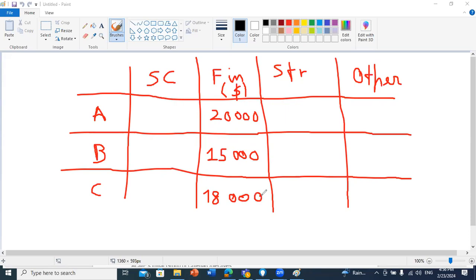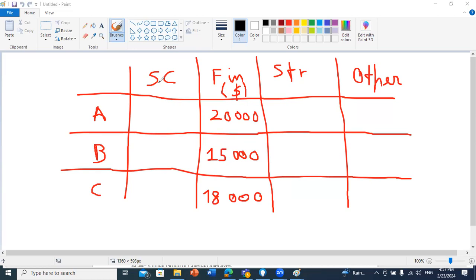Now, when we talk about stakeholder commitment, it doesn't have a unit. But it's a factor, so you can give a grade for this factor similar to the ones we used in the first problem, where we said high, medium, low.